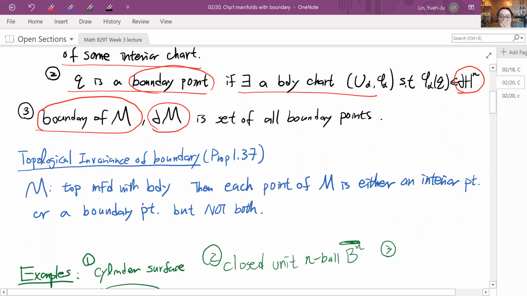So let's say you have a collection of smooth manifolds, whatever they are, and one of the manifolds, N, is a smooth manifold with boundary. Then you take the product of them, meaning among this product only one manifold has boundary, then you're good. The product would be a smooth manifold with boundary.